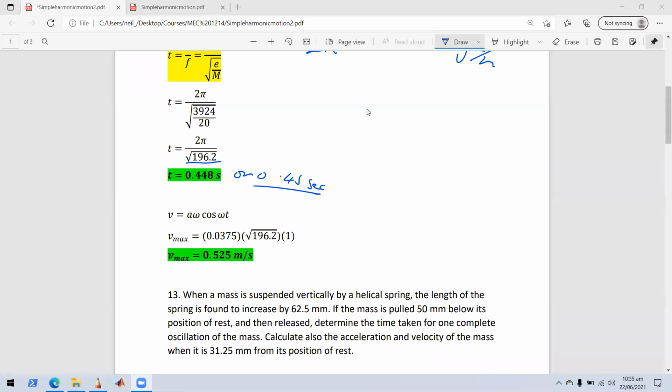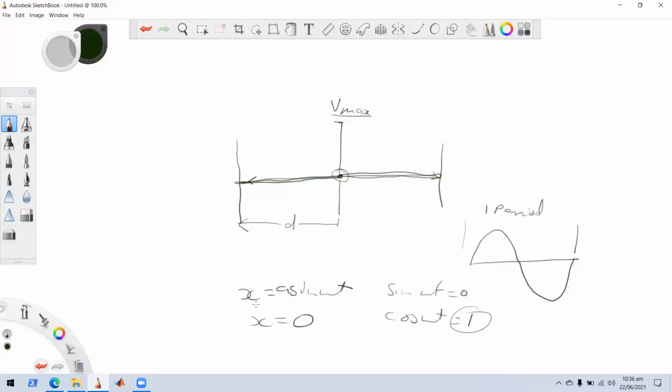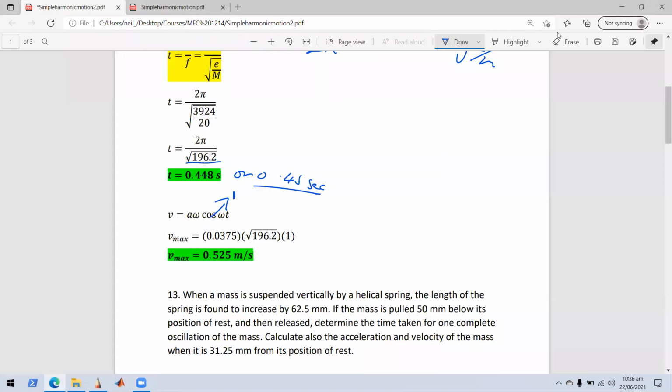All right, so V is equal to A omega cosine omega t. This cosine omega t, we're going to replace with 1, because for maximum velocity, cosine omega t is 1. Two ways to reason that: saying x is 0, so sine omega t is 0, therefore cosine omega t is 1, or saying V is a cosine function and the maximum value for a cosine function is 1, so we can just plug 1 in there.